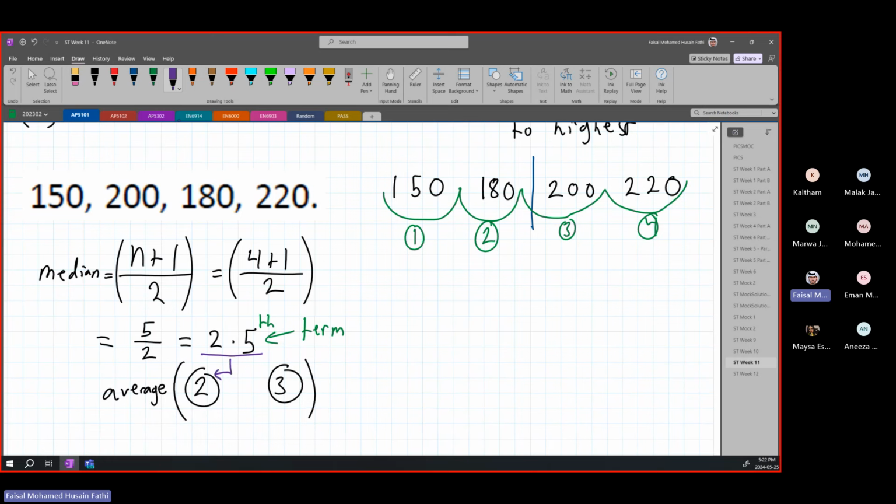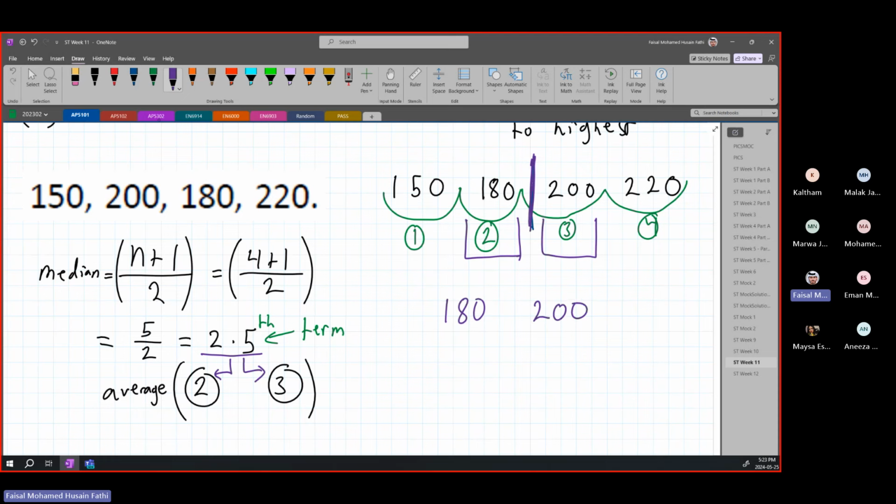You're going to go to the lower number and you're going to go to the higher number and you will take the average. Okay. So if we look at it from here, we know that this is our middle point, which technically, if we calculate it, we got 2.5. So we're going to look at the value that we have at 2, and we're going to look at the value that we have at 3, which are 180 and 200.